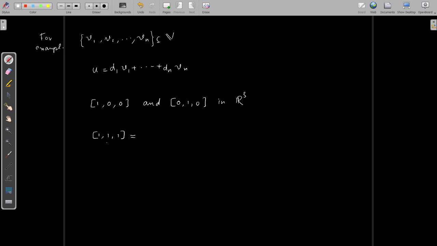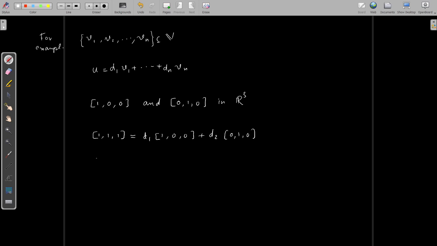In order to show this, we need to assume that there should exist d1 and d2 such that d1 times 1 0 0 plus d2 times 0 1 0. If this is a linear combination of these two vectors, we can say that there exist such d1, d2. If there is no such d1, d2, we can say that 1 1 1 is not a linear combination.